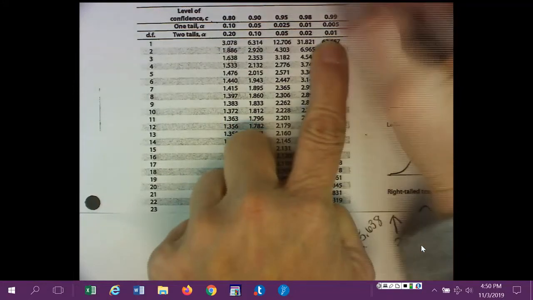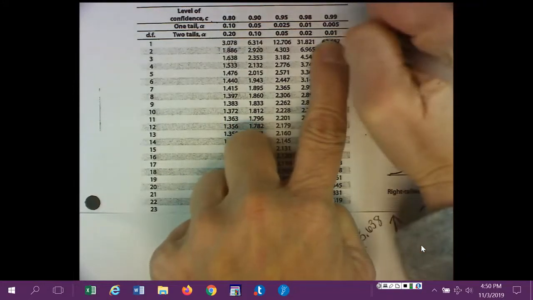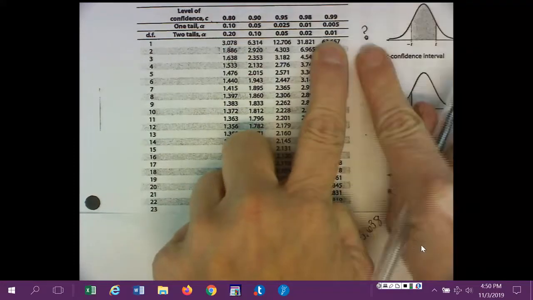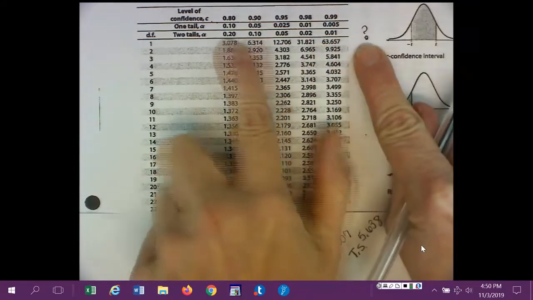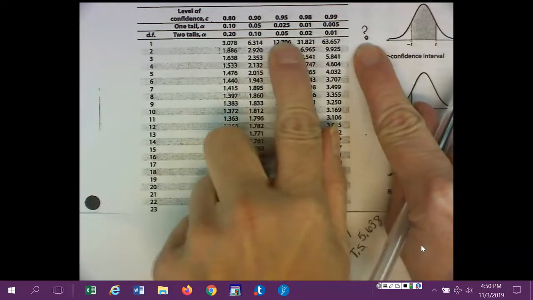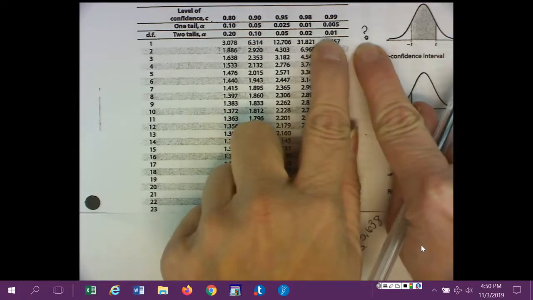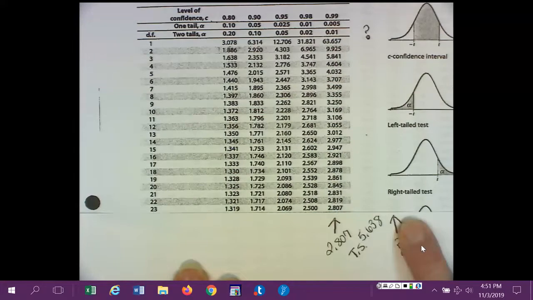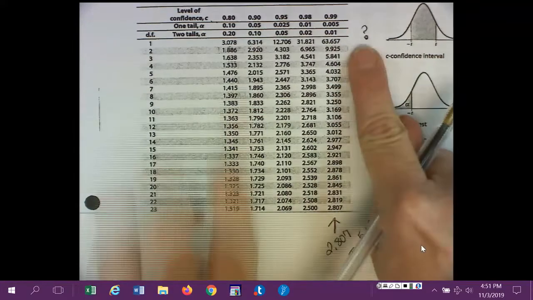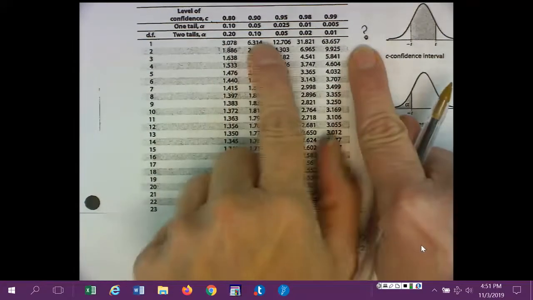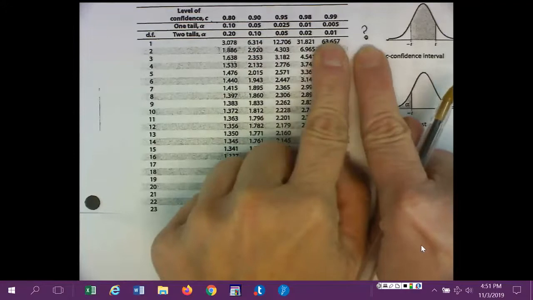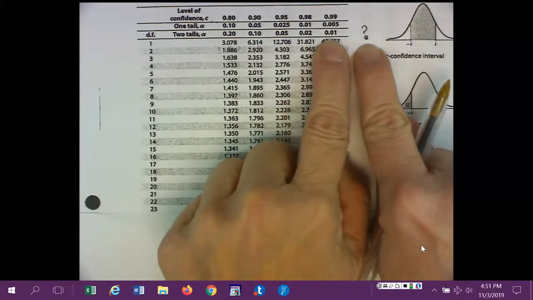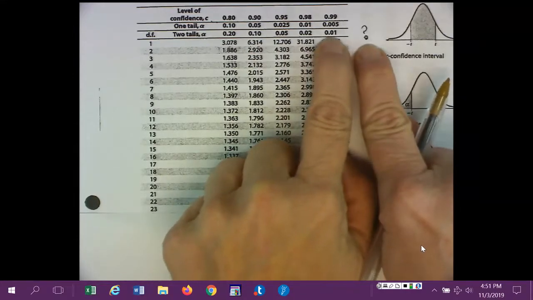We are going to put another question mark here, and if you notice, 0.2, 0.1, 0.05, 0.02, 0.01, the numbers here are decreasing. The numbers here were increasing from left to right. This row's decreasing from left to right. So whatever this number is here has to be smaller than the 0.01.